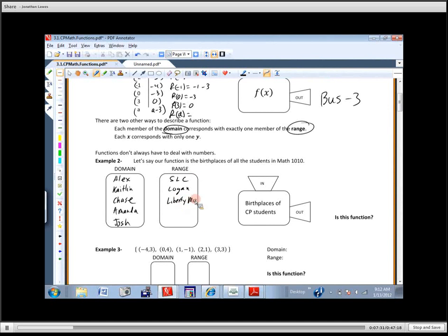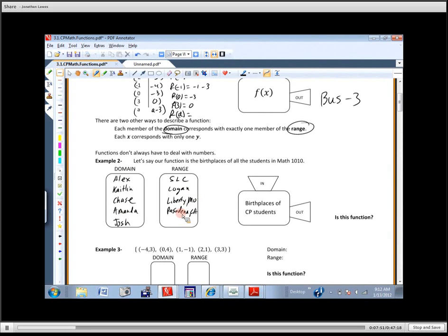And Josh, where were you born? Okay, so these are all in the domain because they're people in the class. These are all the range because they're birthplaces.